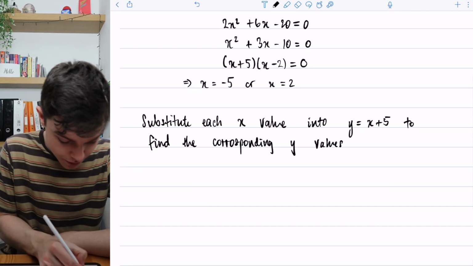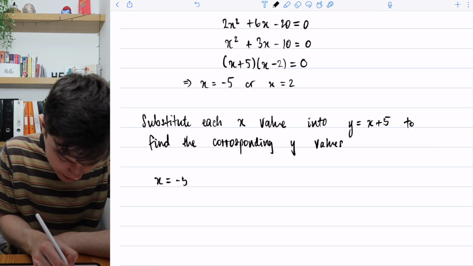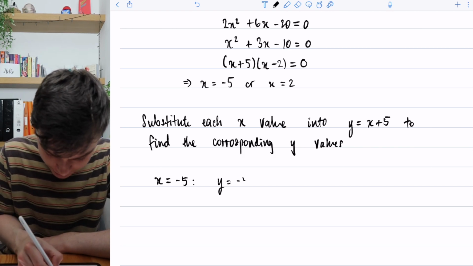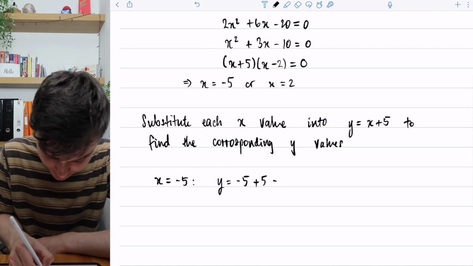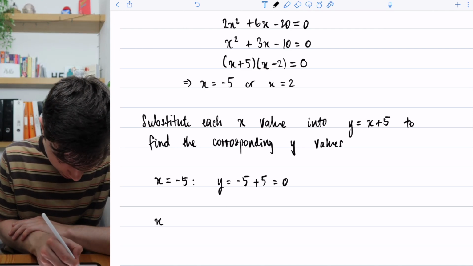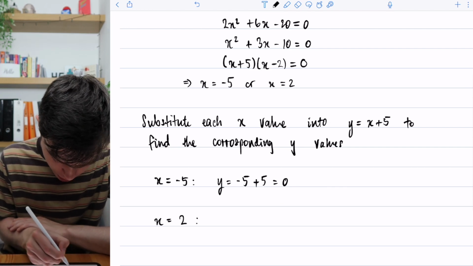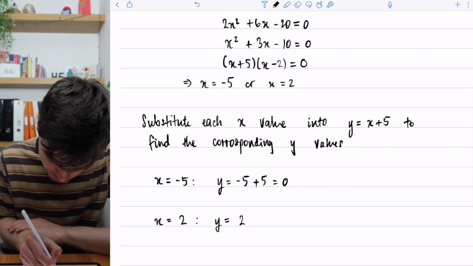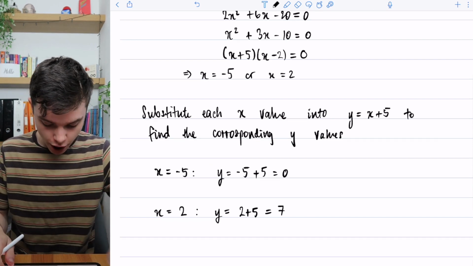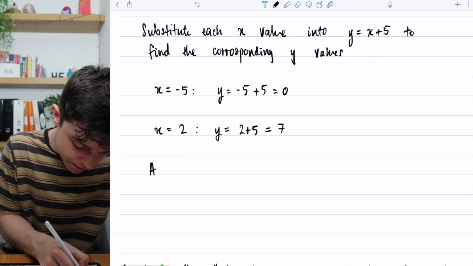So when x is equal to minus 5, y is equal to minus 5 plus 5. y is equal to 0. And then when x is equal to 2, y is equal to 2 plus 5, which is 7.